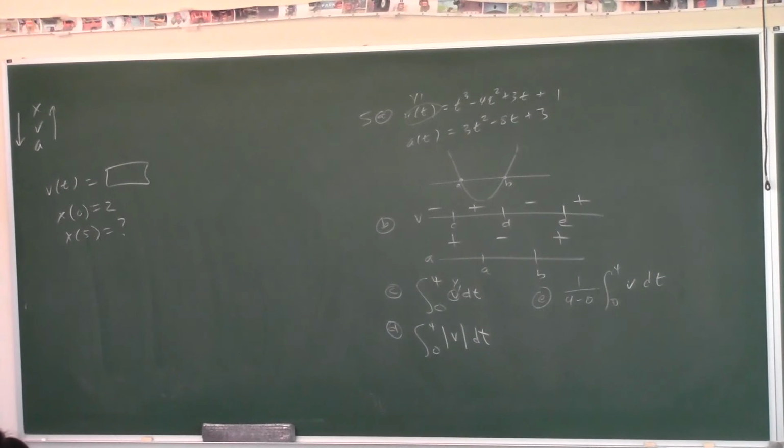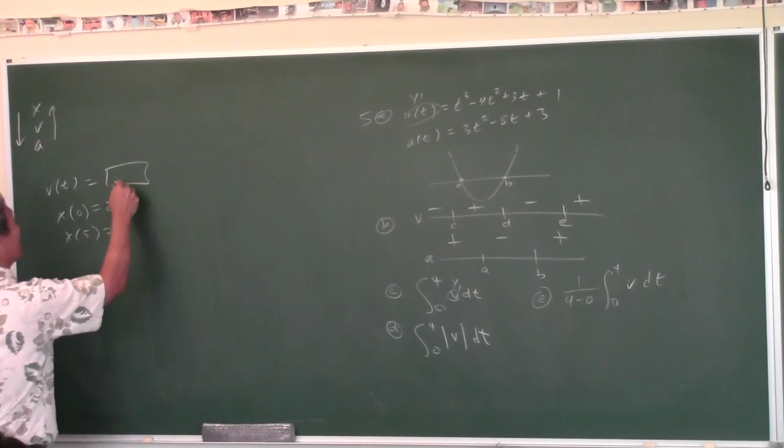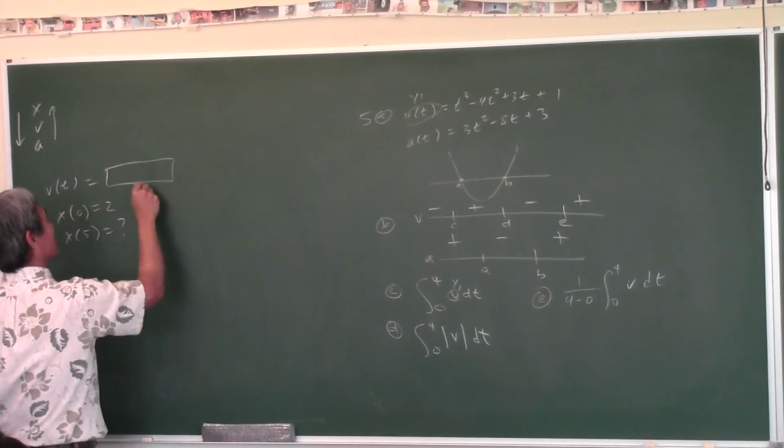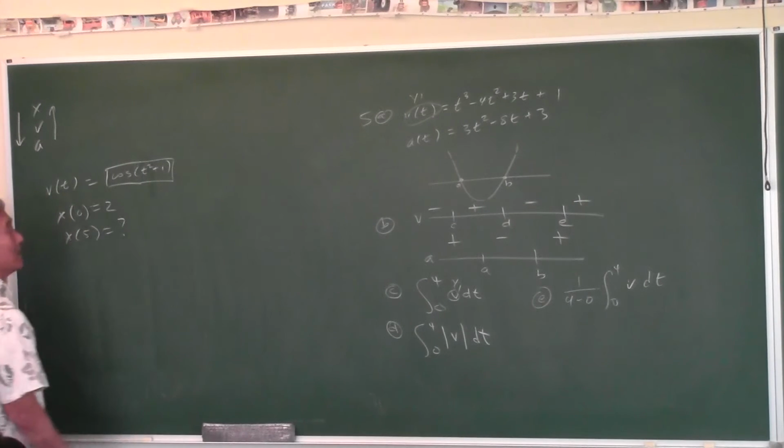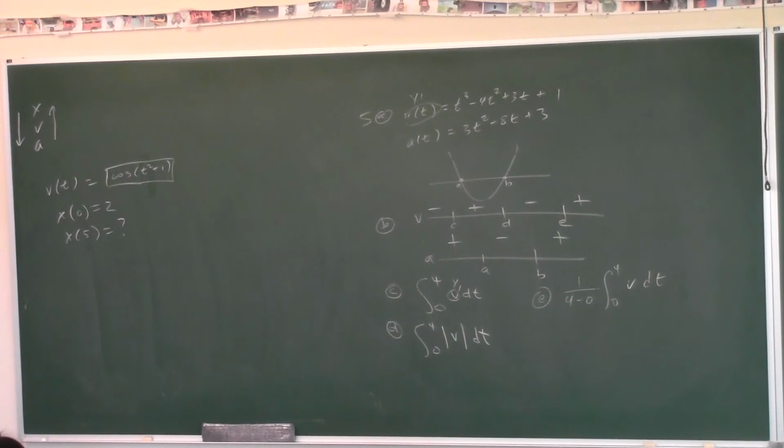So you got to learn how to do it. Because I'll give you something like cosine of t squared plus 1. You cannot find the antiderivative of it. There is no antiderivative.